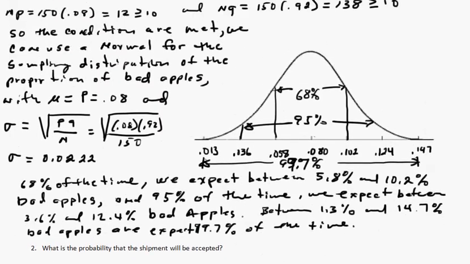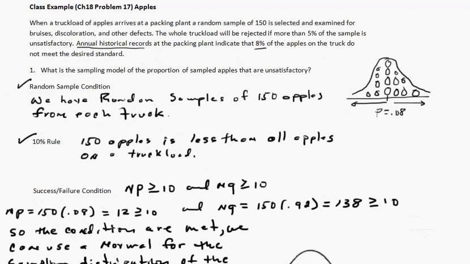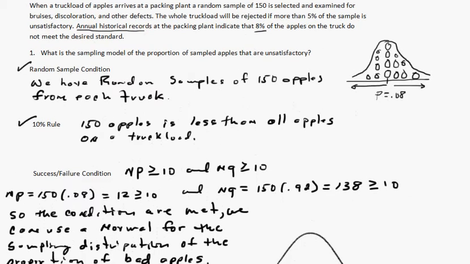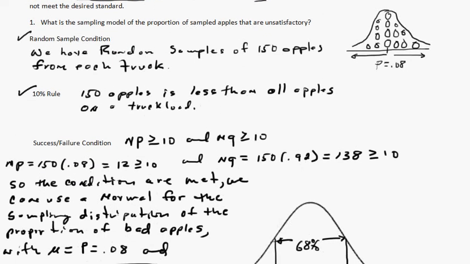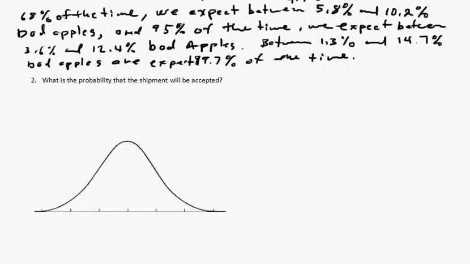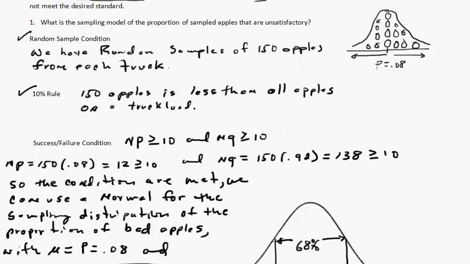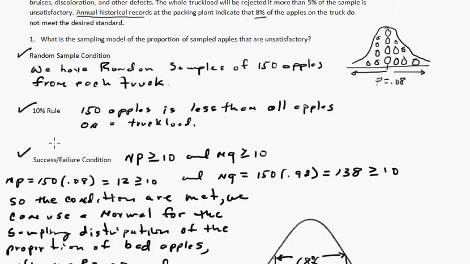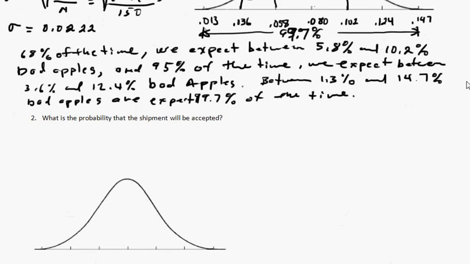Okay, so if they're asking you what to expect, then they're asking you to build a model, so that's what you do. Now, sometimes you're not asked to build a model, but you're asked a probability question. So you do have to check the conditions, and you have to say the conditions are met, and then go ahead and use that information.